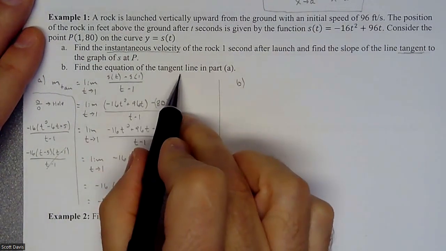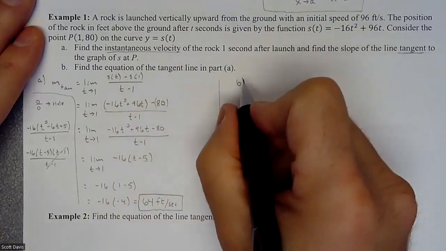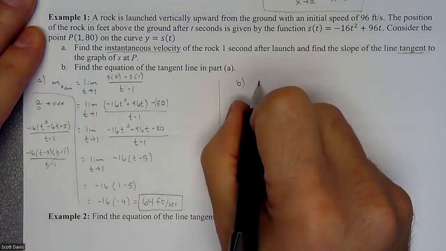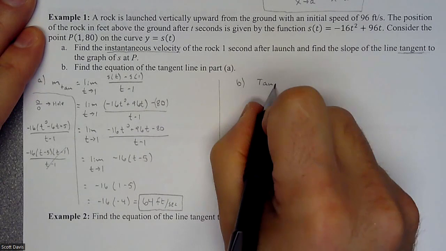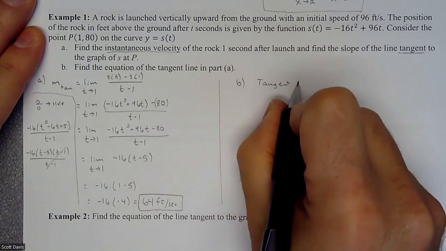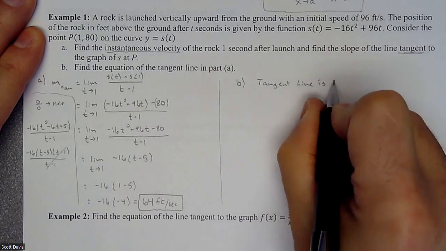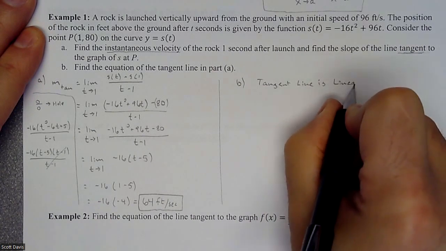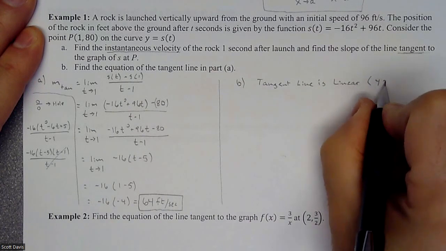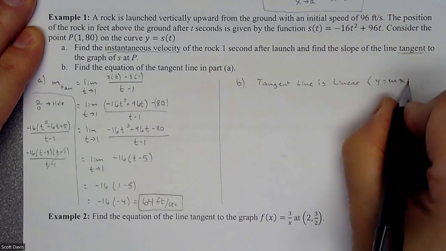All right, so part B. Part B is find the equation of the tangent line. Our tangent line is going to be a linear equation, i.e. we're looking for a y equals mx plus b kind of thing.